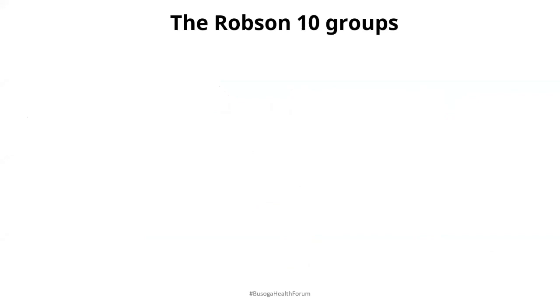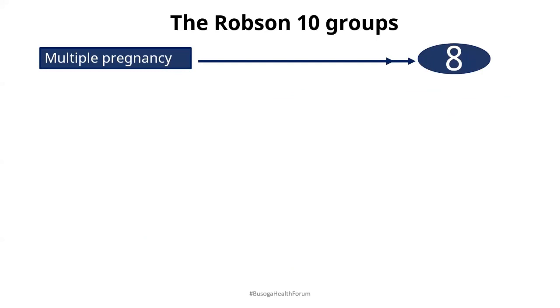So looking at the 10 groups now, I would love to take us through how to classify, but at the same time as we appreciate how the groups are composed. We start with all multiple pregnancies, and these all belong to group 8.